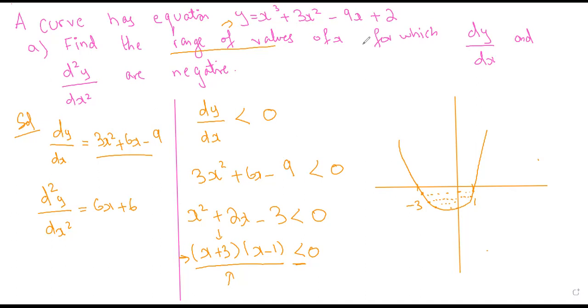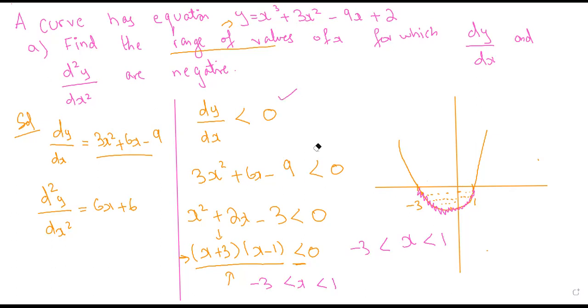So basically all these points are going to be included in this range. Okay, so x should be greater than minus 3 and it should be less than 1. Okay, this is what we are getting for dy by dx.